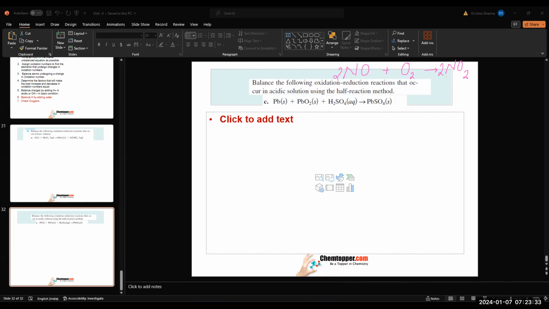Is it balanced? Yeah, right? Okay. Now, when this reaction is taking place, NO must collide with O2. Agreed, children? They must collide. They are gases, all of them right now. I've taken them in the form of gas because gases have high kinetic energy.